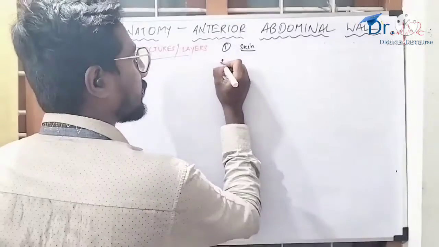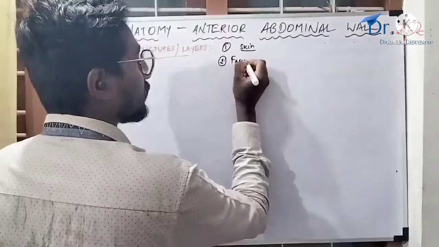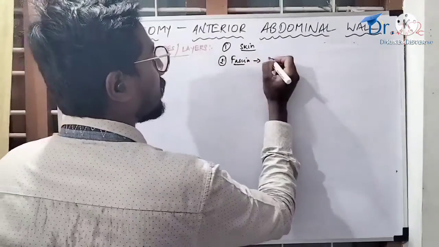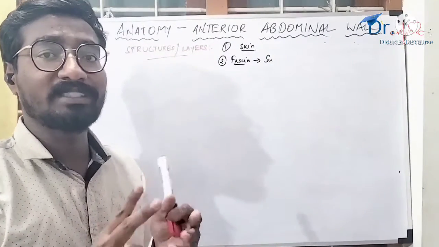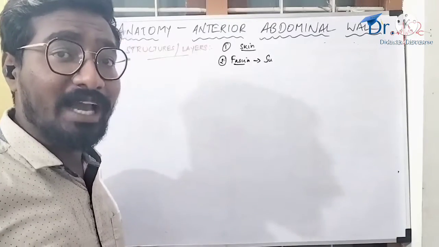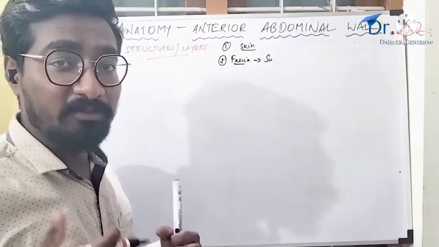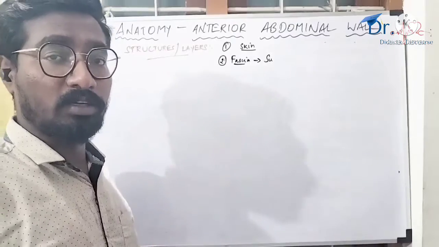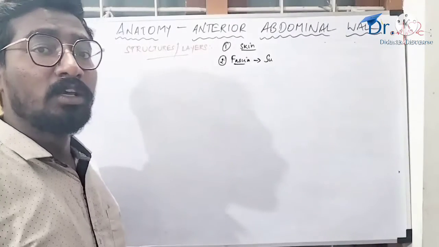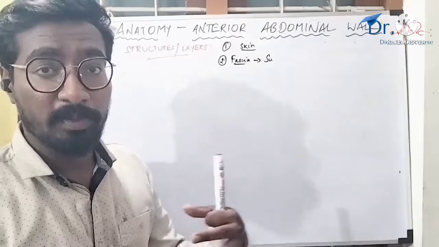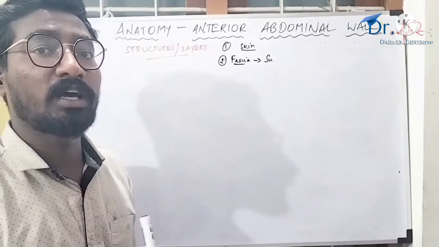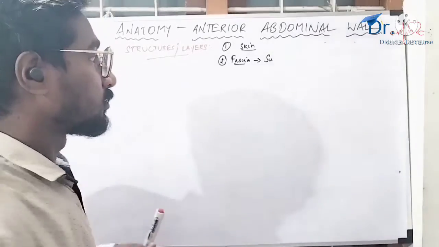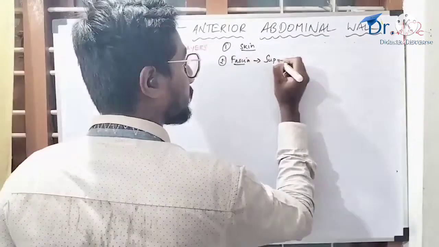The skin is the first layer, and the second layer is the fascia. We usually have superficial fascia as well as deep fascia, but when coming to the anterior abdomen, we don't have the deep fascia. It's because we have the peritoneal organs and the intestines. In order to provide more space for the organs and more protection, we don't have the deep fascia in our abdomen. So you have only the superficial fascia.